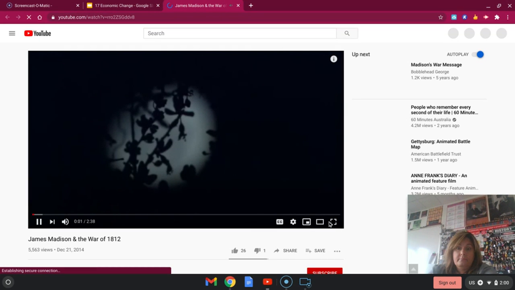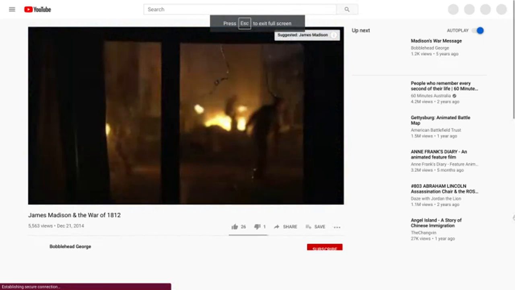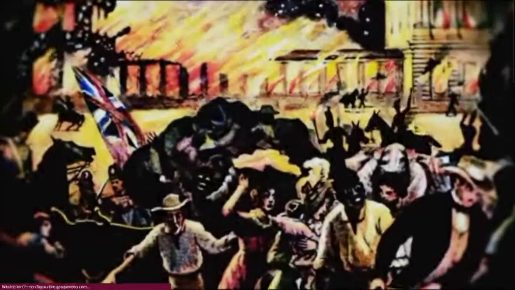But by August of 1814, British troops entered Washington. The British set fire to the city, while Madison was in Maryland leading his troops. It's his wife, of course, Dolly, who's home at the White House when the British come into the city and start burning Washington.